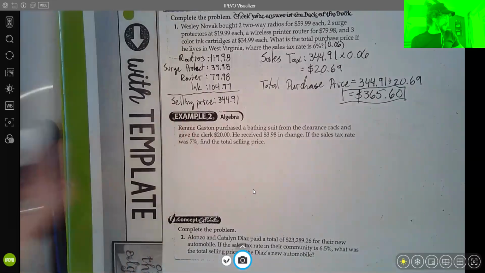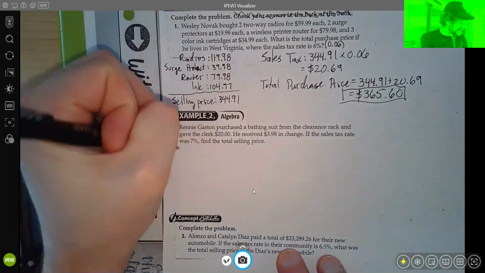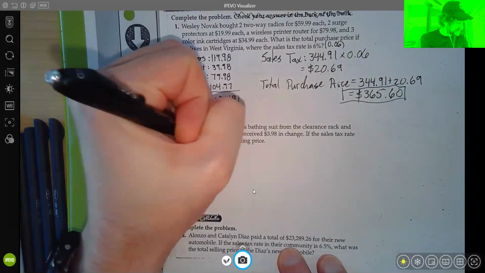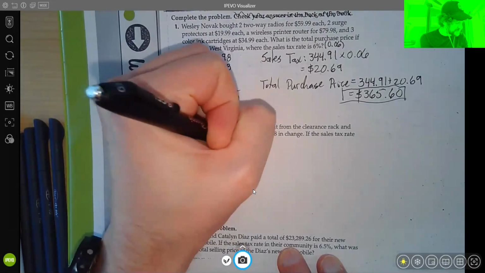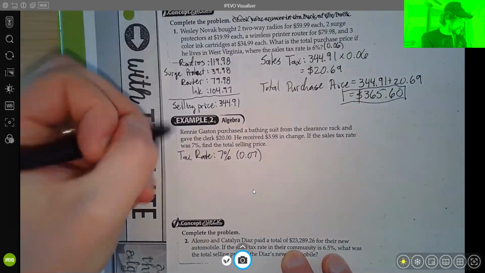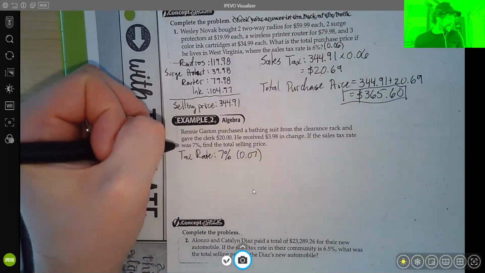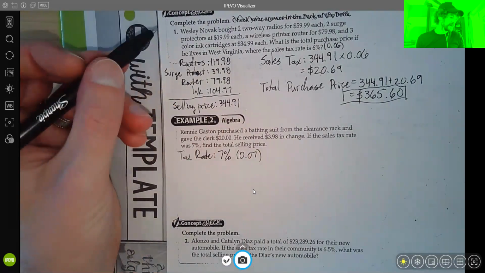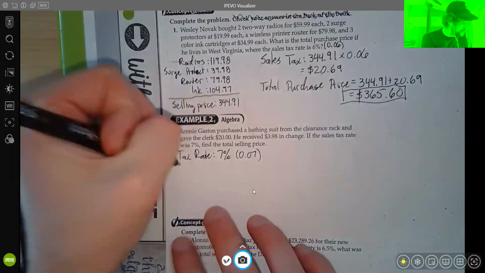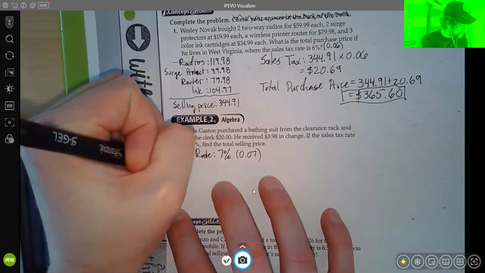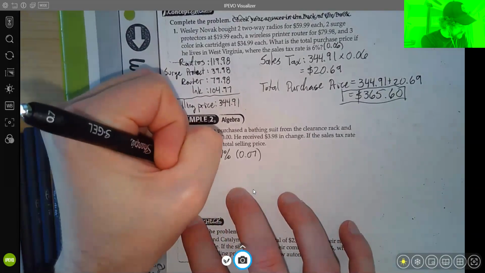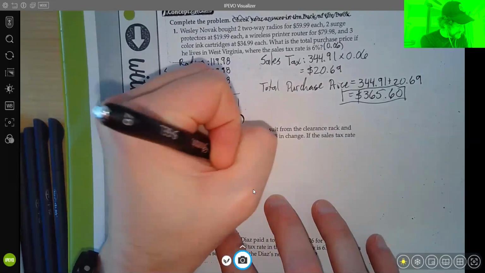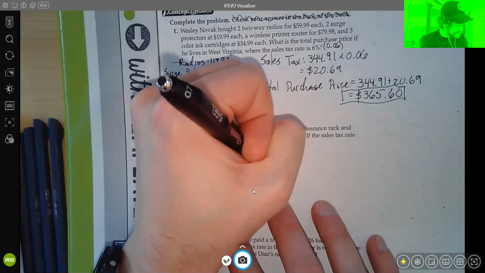All right. So let's see, tax rate, 7%, which is 0.07. Find the selling price. So the selling price is the pre-tax amount.